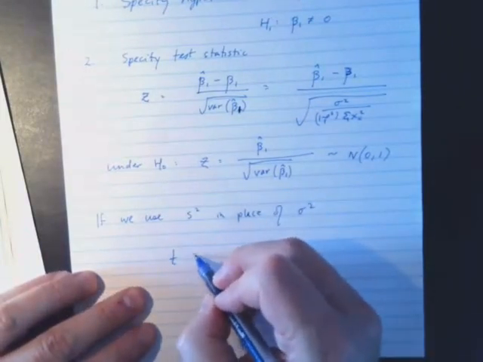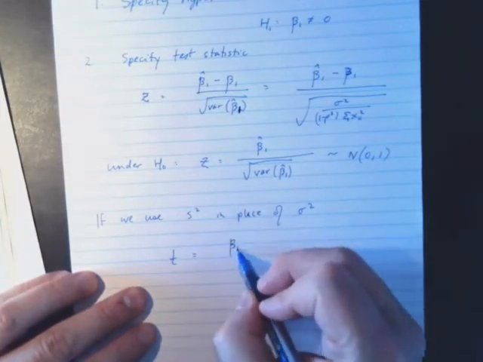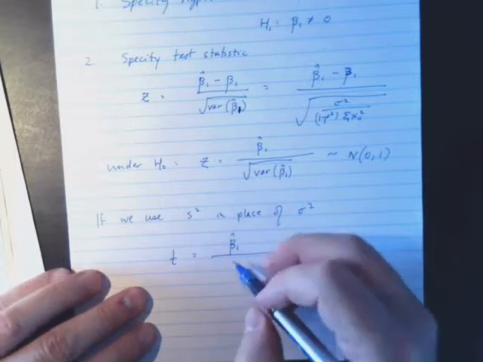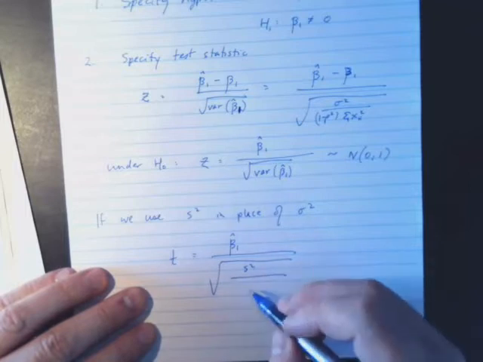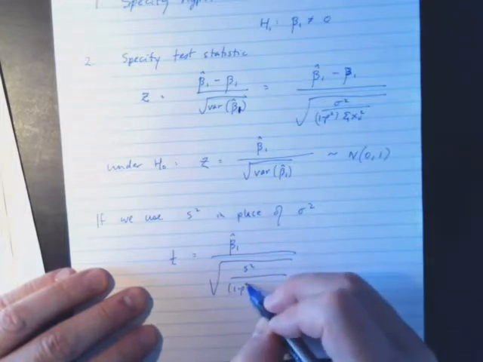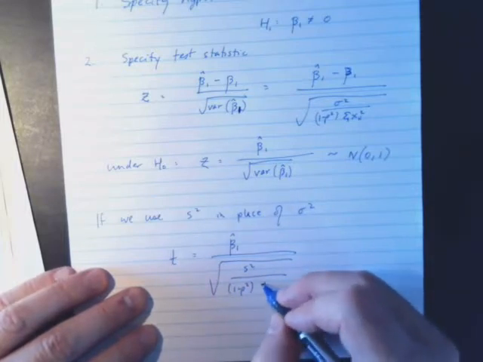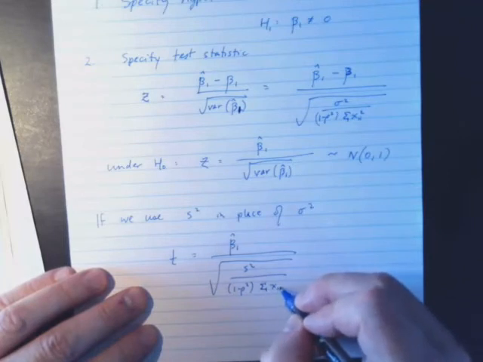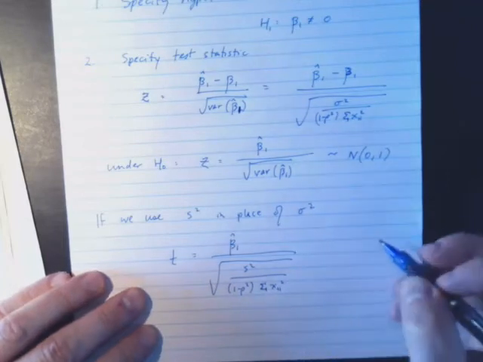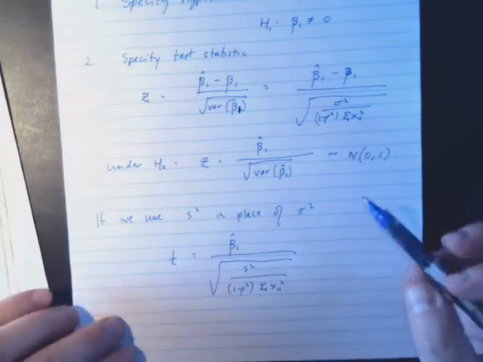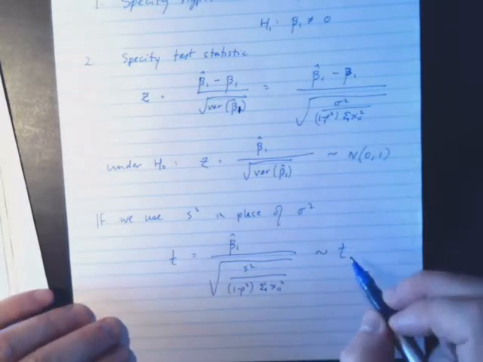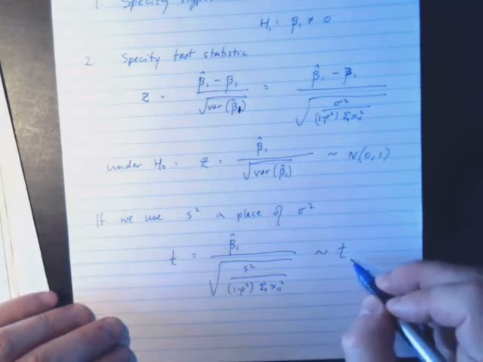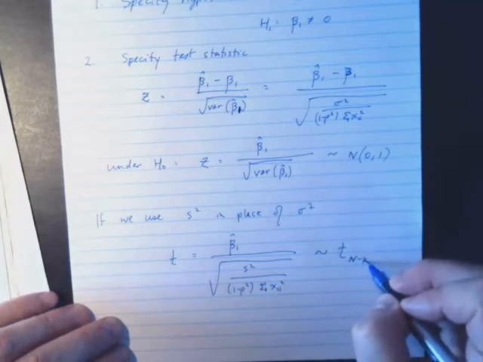It will be t equals beta 1 hat divided by, better write the whole thing out here, s squared over 1 minus rho squared times the sum of the x1i squareds. So that's going to follow a t distribution, and this time the degrees of freedom will be n minus k minus 1.